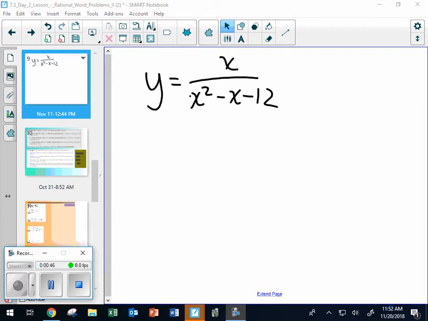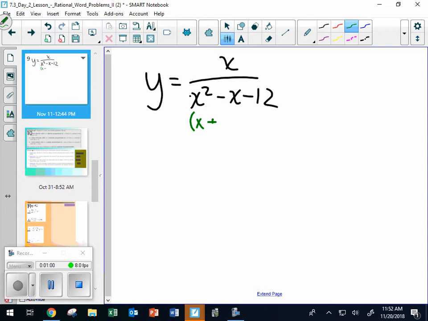Now that we've had a little bit of time, row 1, person 1. Andrew, could you tell us one piece of information you can get out of this? X minus 4 and x plus 3.